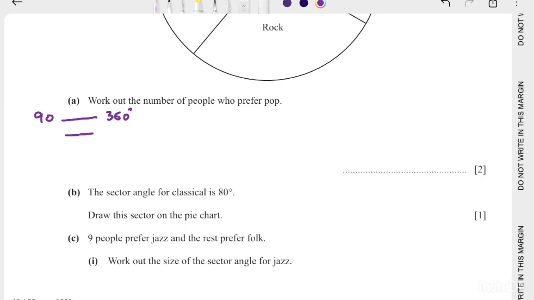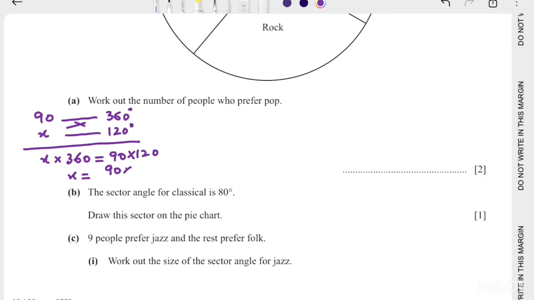Now the angle of pop is 120 degrees, and we have to find out the number of people who prefer pop. So it would be x, so we have to cross multiply. So x times 360 is equal to 90 times 120. So x is 90 times 120 divided by 360.